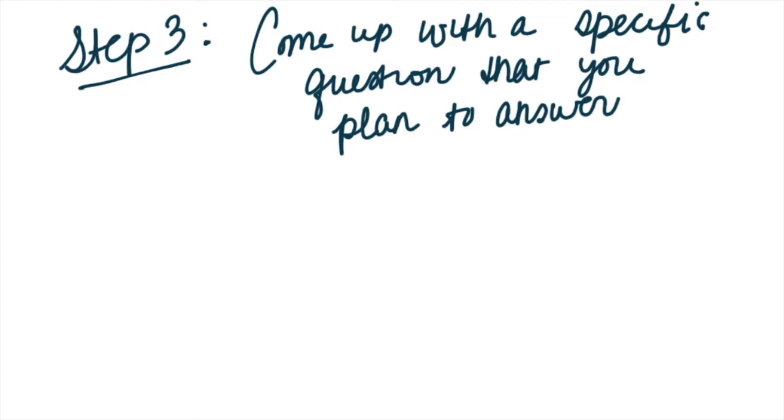It needs to be specific, but it needs to give you a little bit of room. You can try asking questions like how or why. Those usually help you come up with research questions.